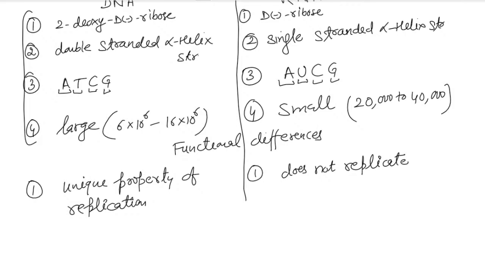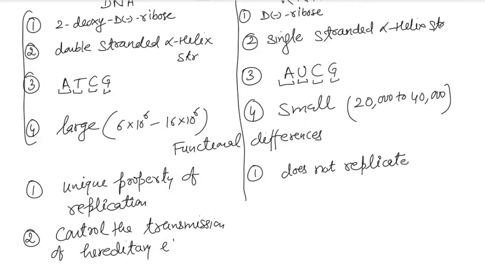The second functional difference is that DNA controls the transmission of hereditary effect from one generation to the other.